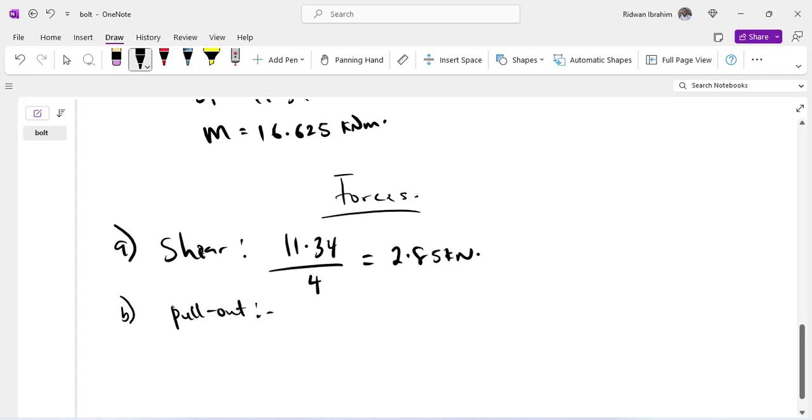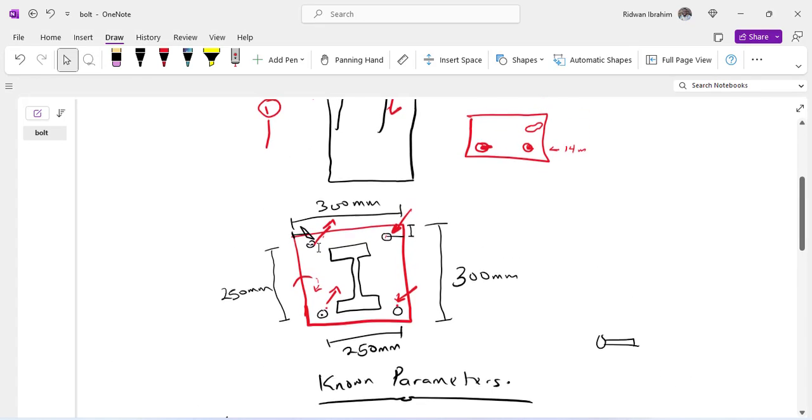So you can say that the pullout is just the moment over the lever arm times the number of bolts that will pull out, because we are trying to resolve this into force. If moment equals force times distance, definitely force will be moment over distance. That is why you have the moment over the distance, which is the lever arm. Which lever arm am I talking about here?